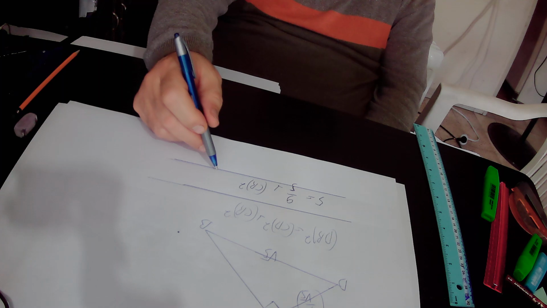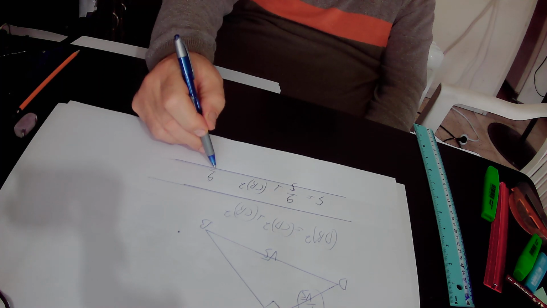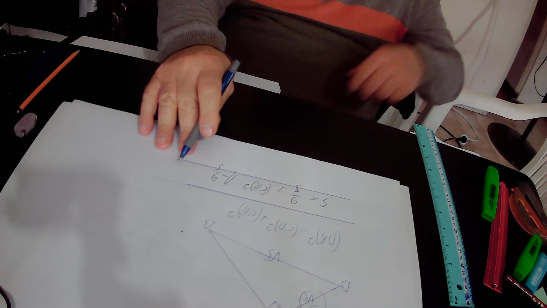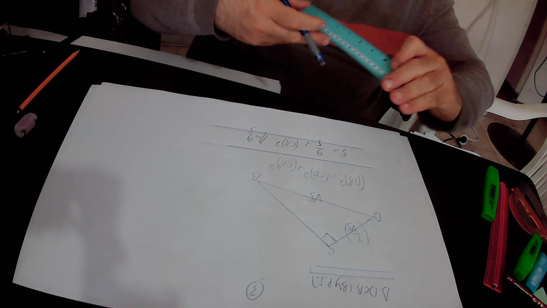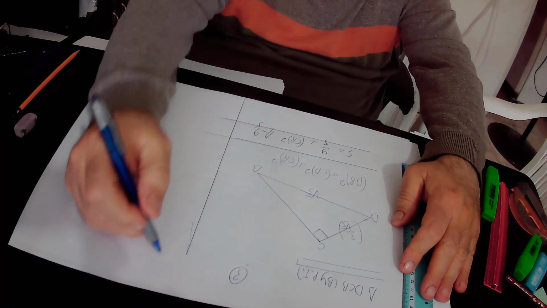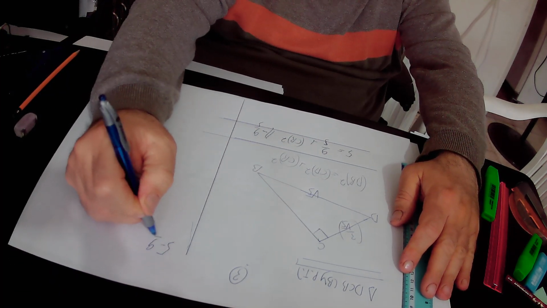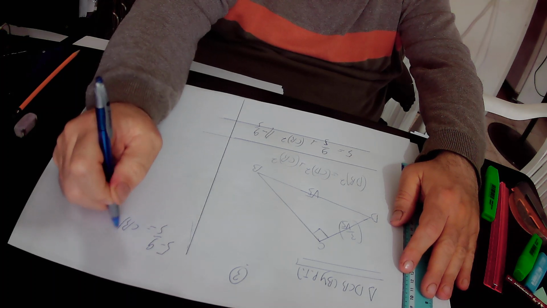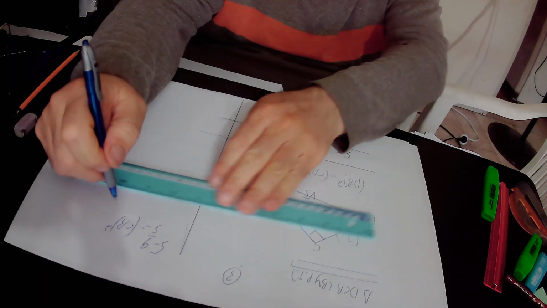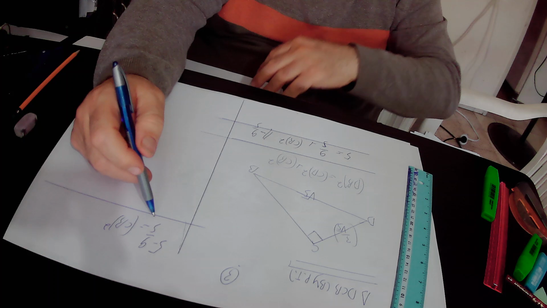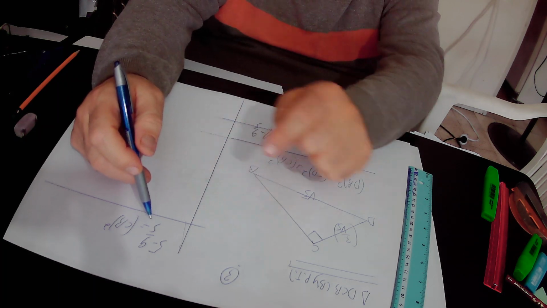Here we subtract 9 fifths from this equation, and we get that 5 minus 9 fifths equals CB squared. Here we multiply 5 by 5 and then divide it by 5 in order to get a common denominator with 9 over 5.